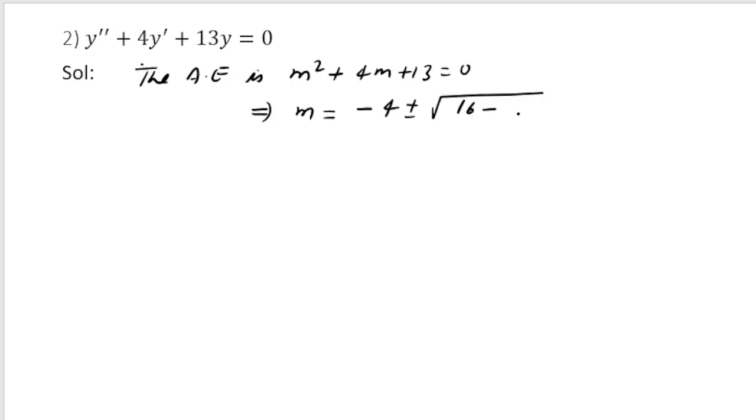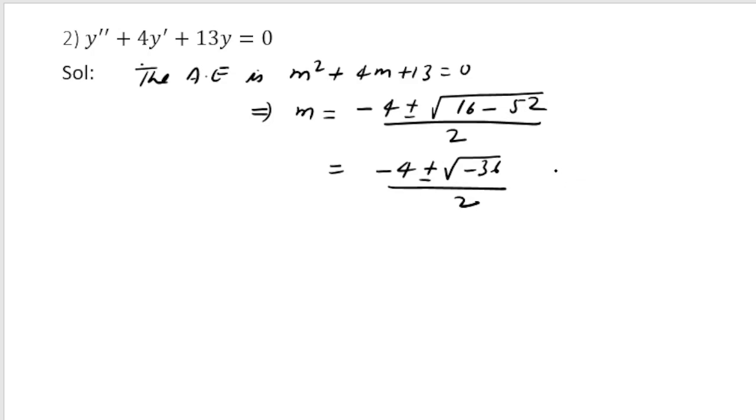So a is 1, c is 13, so 4 into 13 is 52, divided by 2a, so 2. That will give me minus 4 plus minus under root minus 36 by 2. So that is minus 4 plus minus 6i by 2. So we have got the roots.